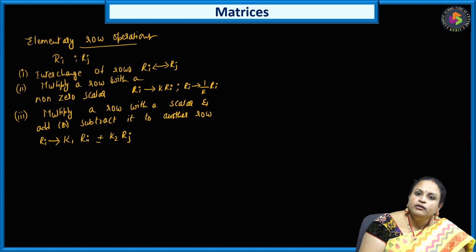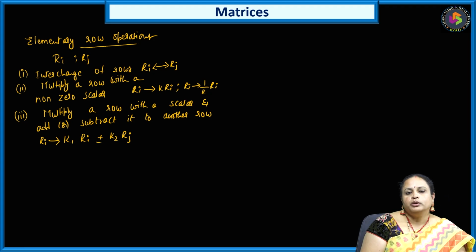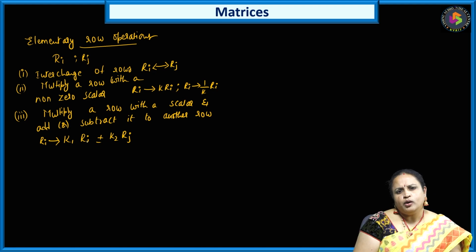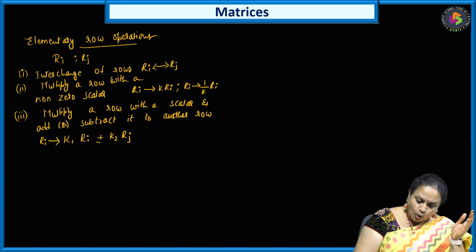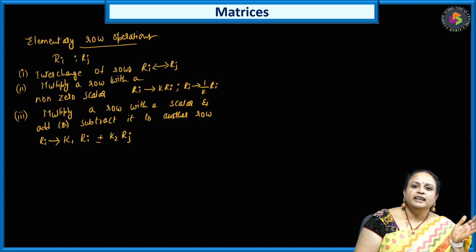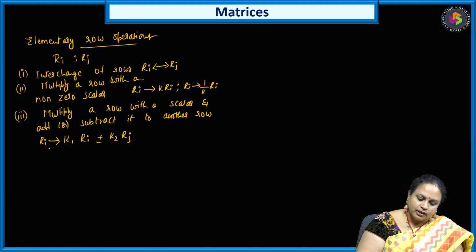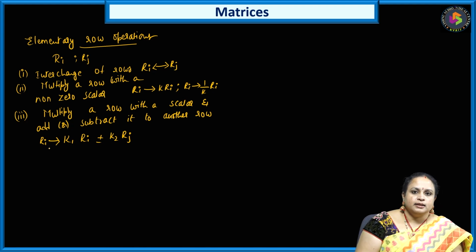So we are multiplying the ith row with K1, the jth row with K2, and you can add both of them or subtract both of them. Whenever we carry out such operations, always the row on the LHS is getting changed. That means in this case, Ri will get changed and Rj will remain as it is. These are the elementary row operations, and you cannot multiply two rows and you cannot divide two rows.